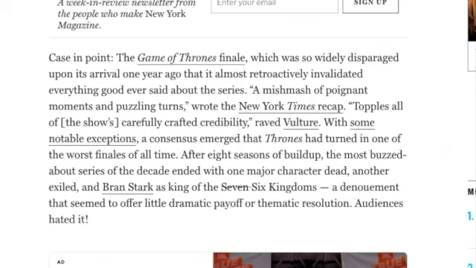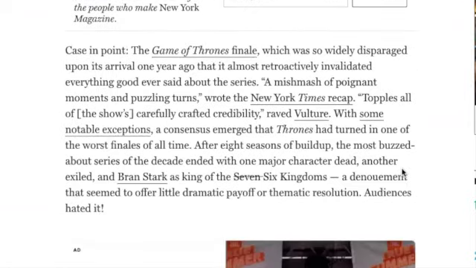The Game of Thrones finale, which was so widely disparaged upon its arrival 1 year ago, that it almost retroactively invalidated everything good ever said about the series. The example here is the series was good, but the finale kind of messed up the whole series, right? So that's going to be getting to the main part of this writer's argument. Then they're going to be suggesting that maybe it was bad, this Game of Thrones ending.